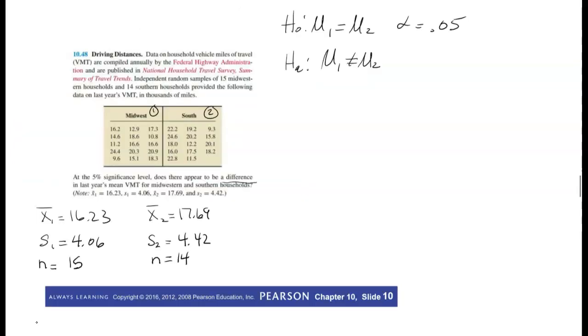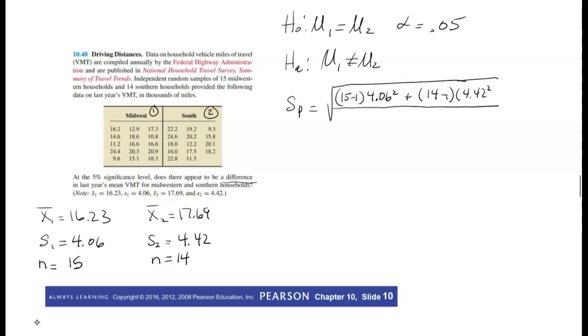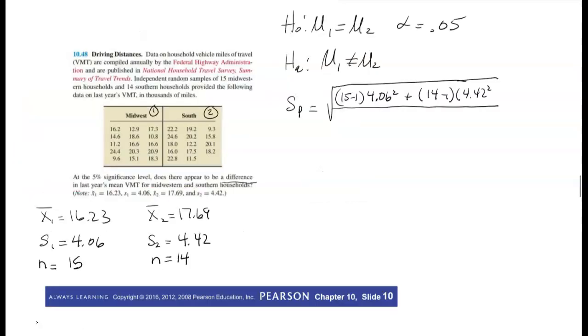So let's go ahead and calculate SP. So n1, so we have 15 minus 1 times 4.06 squared plus 14 minus 1 times 4.42 squared over, just double check, n1 plus n2 minus 2. 15 plus 14 minus 2.